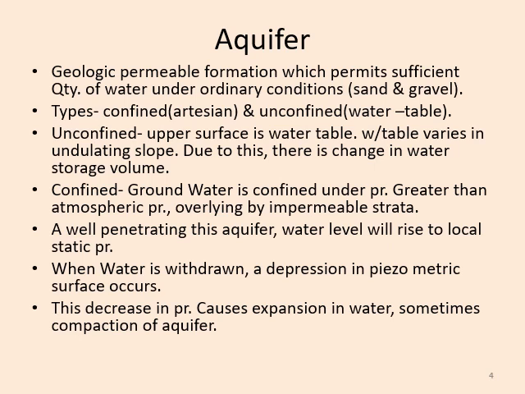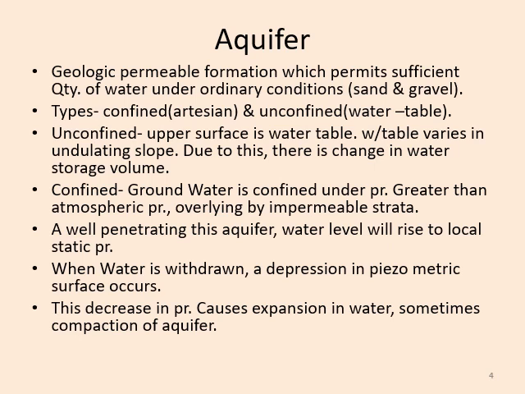An unconfined aquifer is that type of geologic formation where the upper surface is the natural groundwater table, as we saw in the earlier slide. The water table varies in an undulating slope.